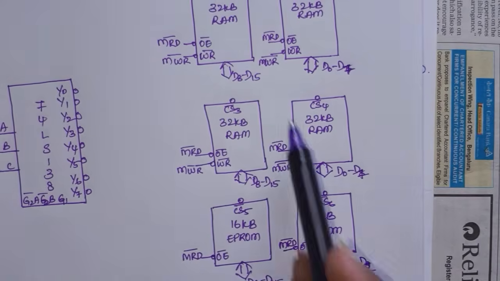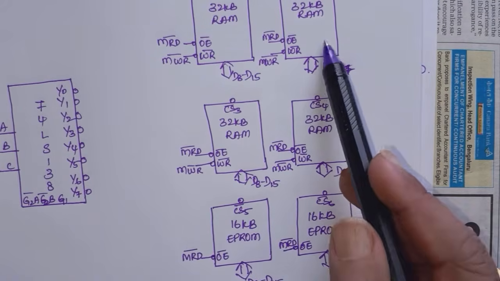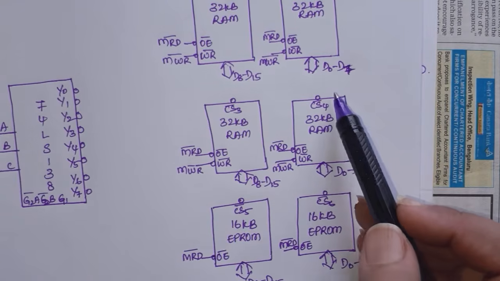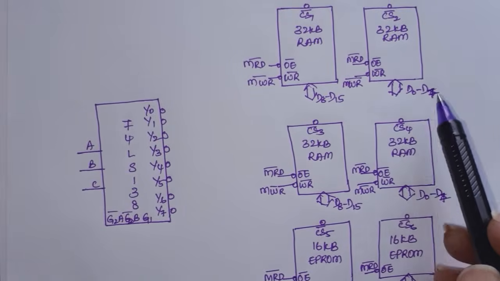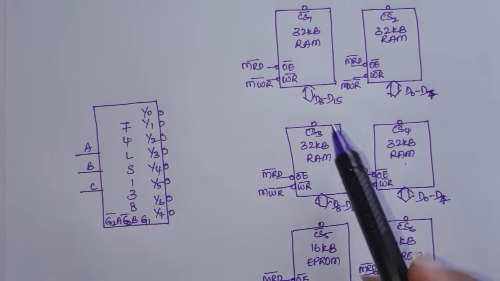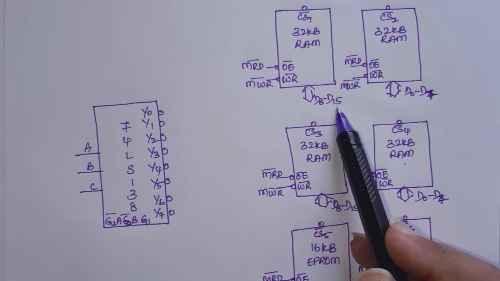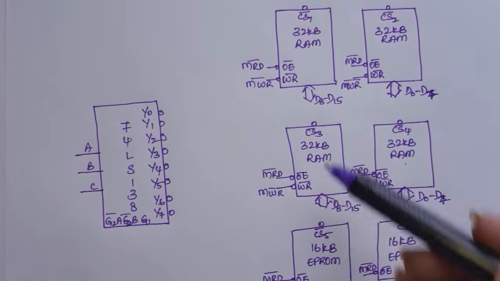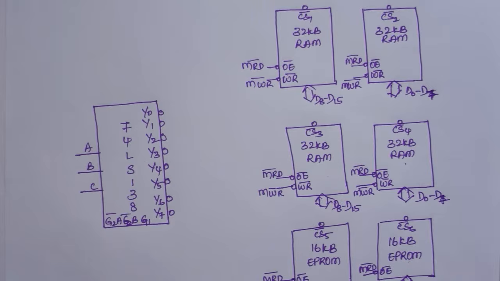Okay, so here we see that D0 to D7 data lines of the processor are connected to these chips. These are all for even bank, and D8 to D15 data lines of the processor are connected to these chips. These are all odd banks.